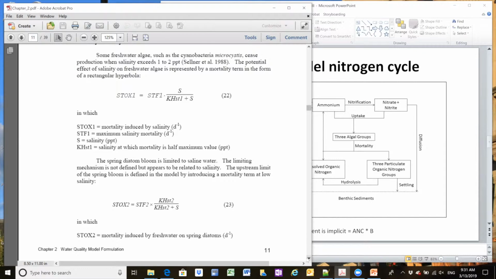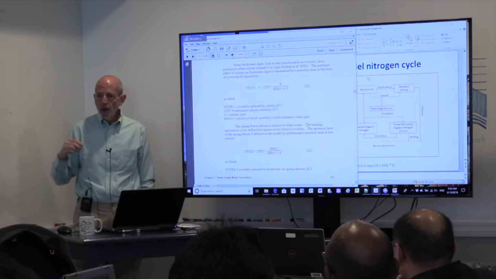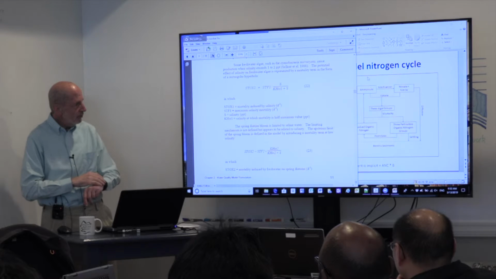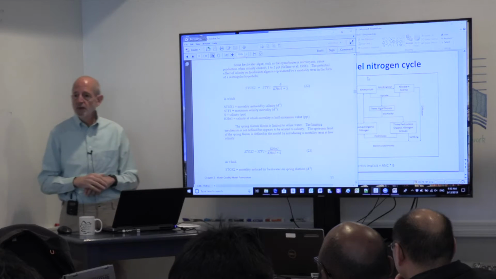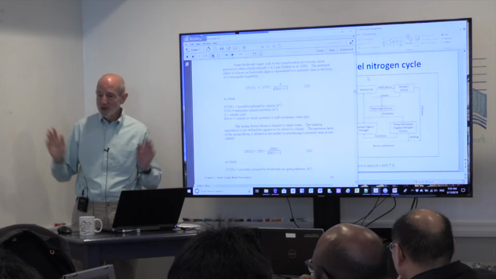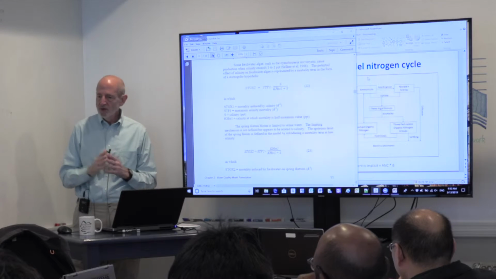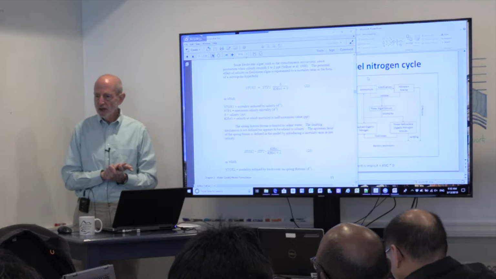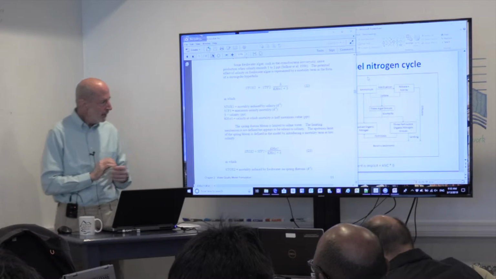You are allowed in the model code to specify different parameter sets for the 3 groups. If you were applying this to a different system, you can make them anything you like, or you could only run one of them, if you say, I just have general algae, I'm not going to worry about 3 groups.